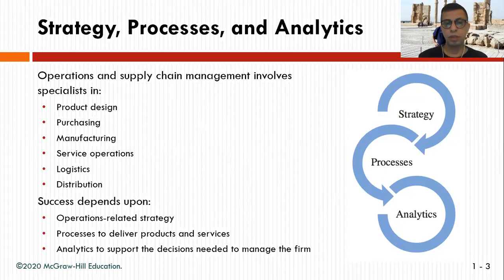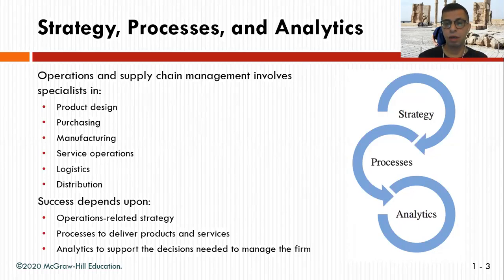Now, operation and supply chain management involves specialties. These are the fields that you can probably run into if you're going to work in this field, and we will also be talking about them during the year. It's about product design, purchasing, manufacturing, service operation, logistics, and distribution.